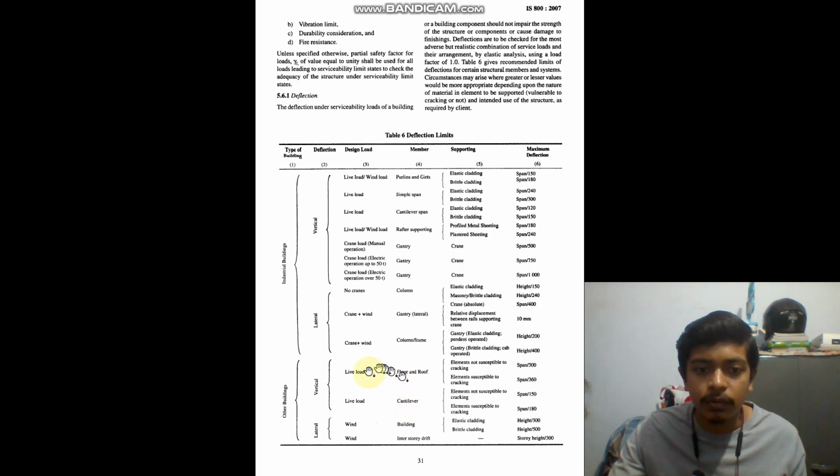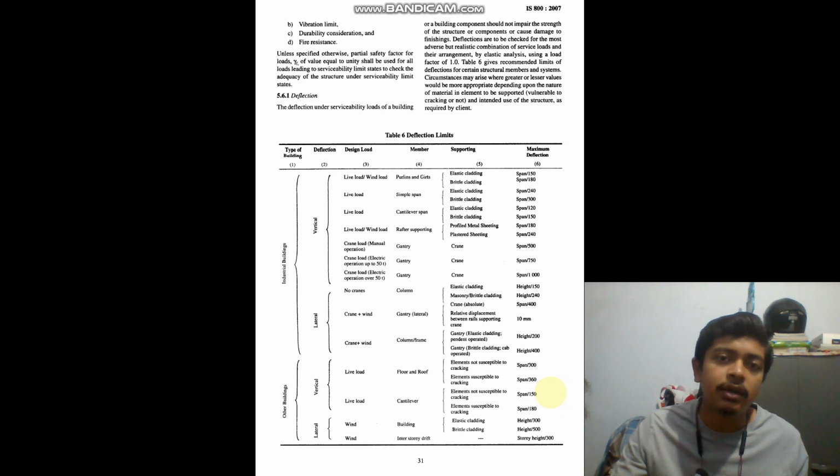For buildings other than industrial buildings, for vertical floor and roof, there is span by 300, span by 360. You have to take it case by case, according to your situation.